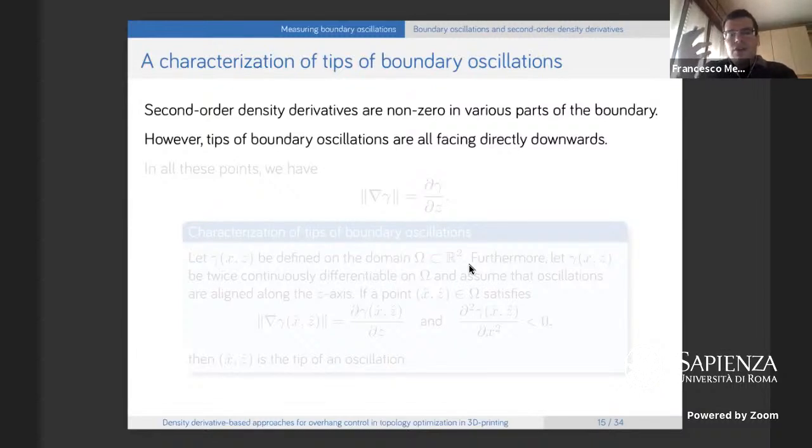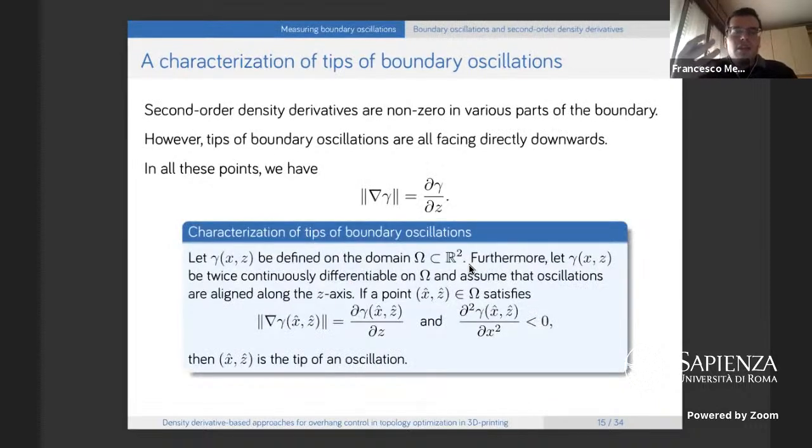The consideration is that if our oscillations arise to satisfy a geometrical overhang constraint, then we will all be facing downwards. And this means that the tips, and of course also valleys, will be characterized by horizontal overhangs.